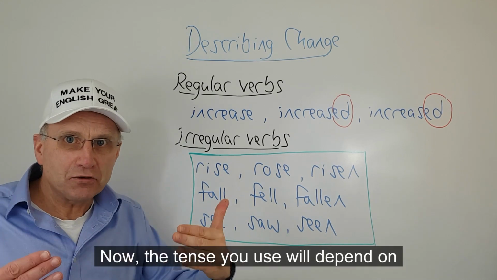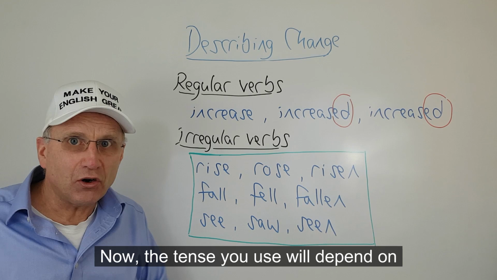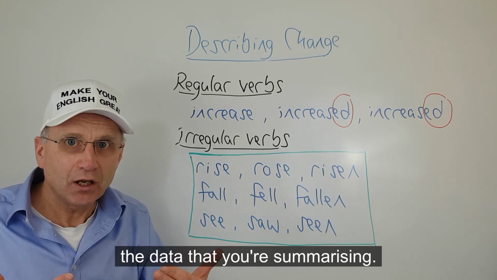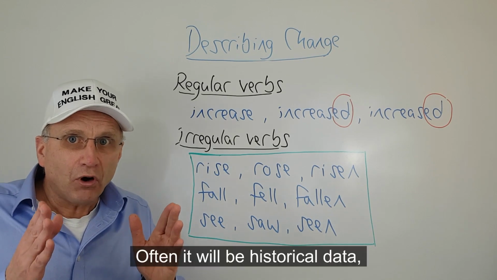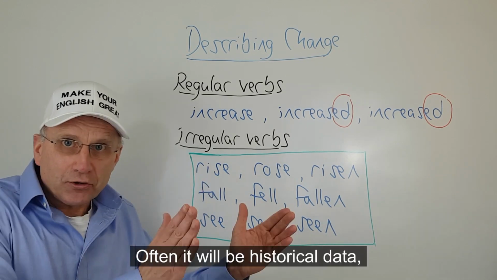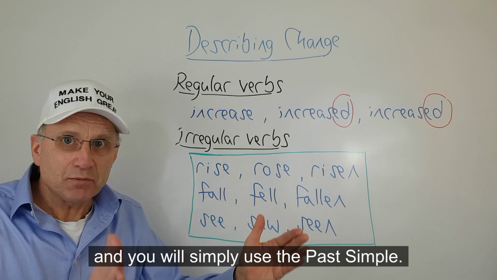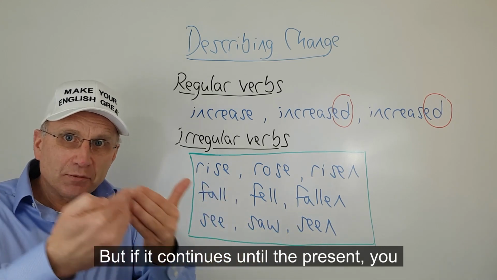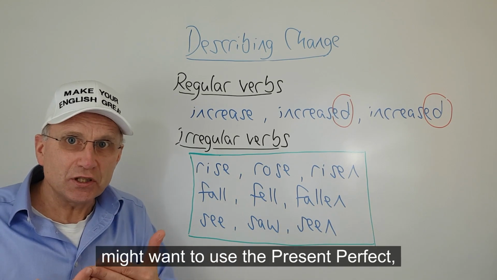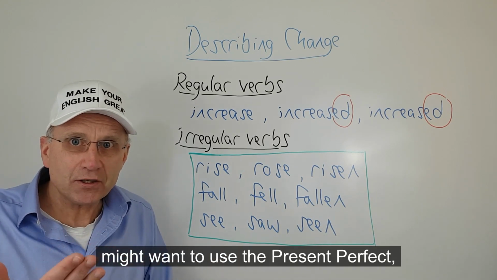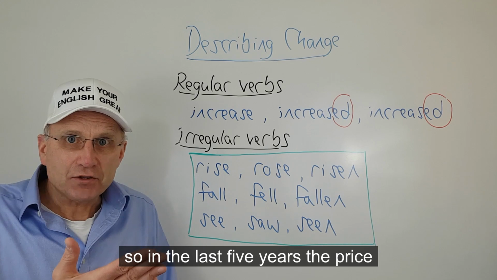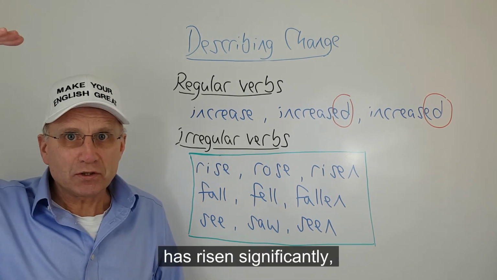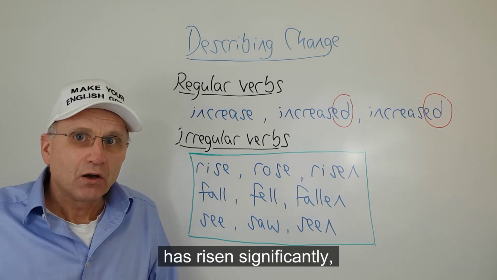Now, the tense you use will depend on the data that you're summarizing. Often it will be historical data, and you will simply use the past simple. But if it continues until the present, you might want to use the present perfect. So in the last 5 years, the price has risen significantly.